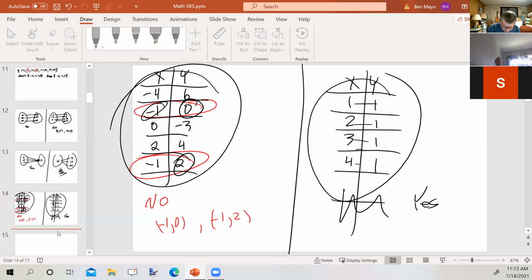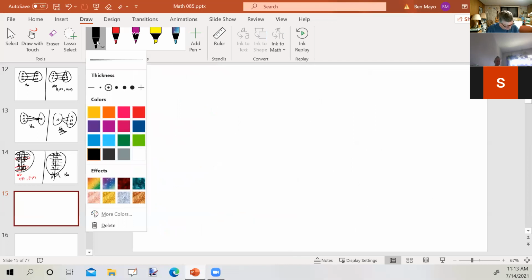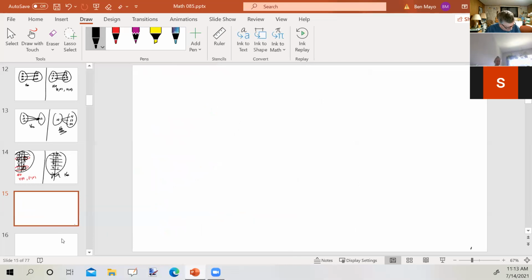Now, we're going to look at some special notation. Let's say I had the equation y equals 3x minus 5, and I wanted you to complete the following table values: 3, -1.